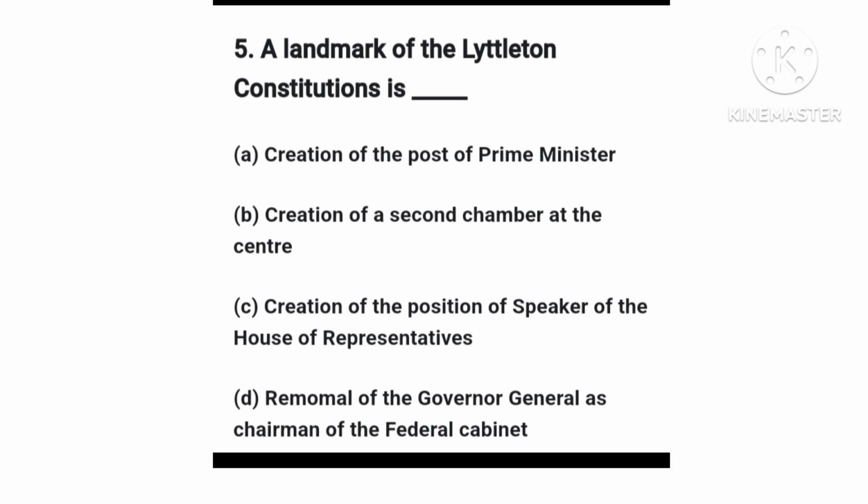Southern Cameroon had 6, and the Federal Territory of Lagos had 2 members. A speaker was elected from these members who could no longer serve in both the regional and federal legislatures at the same time. The answer is option C. A landmark of the Lyttleton Constitution is creation of the position of Speaker of the House of Representatives.